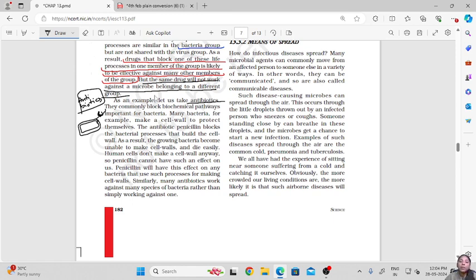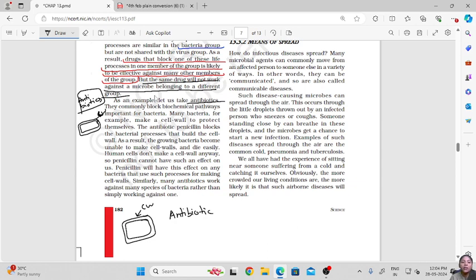Now what will these antibiotics do? The antibiotic penicillin blocks the bacterial processes that build a cell wall. Suppose this is a bacteria and it builds a cell wall to protect itself.